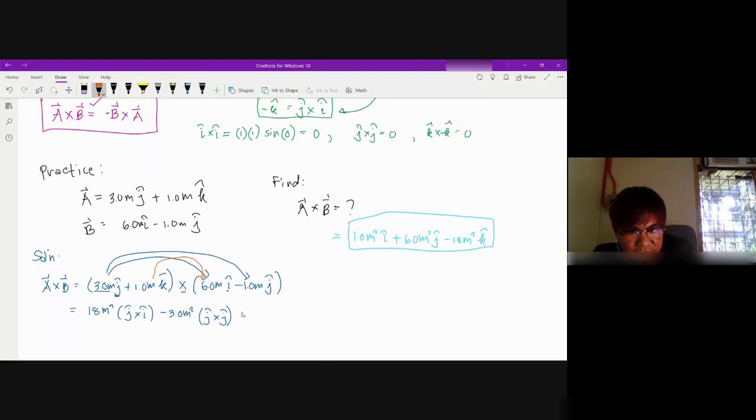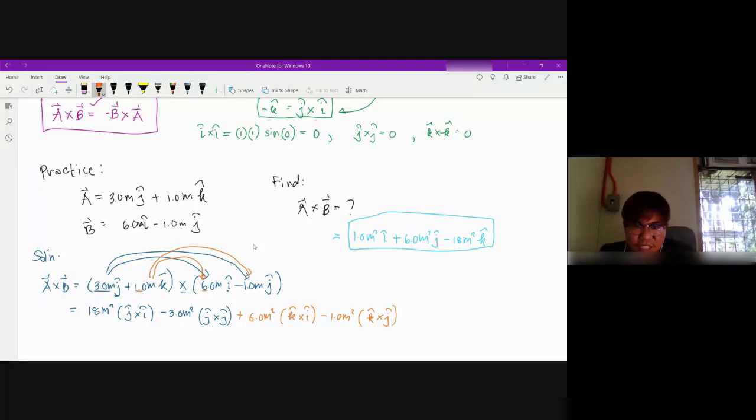You have positive here, this is positive also, so you have plus 6 meters square, and then you have k hat cross i hat. And then the last one would be this: positive 1 times negative 1 produces negative 1 meter square, and then you have k hat cross j hat.